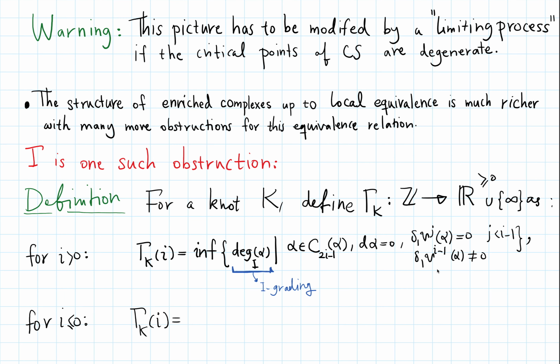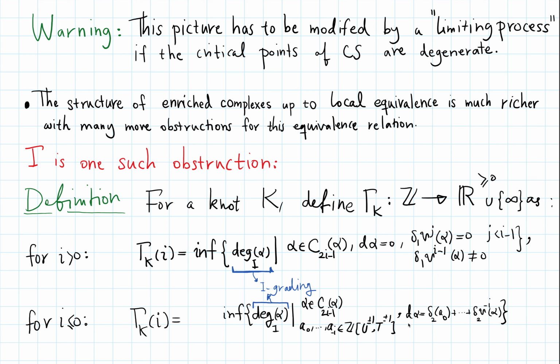Similarly, you would get a definition for the case that i is less than or equal to 0. You have to repeat a very similar definition, except that the expression that you have here is the one that you would use for the definition of the Froyshov type invariant h in the case that the invariant is negative or 0.